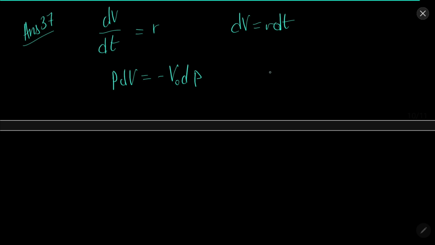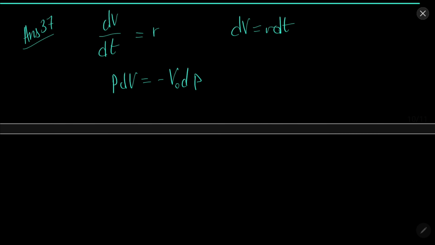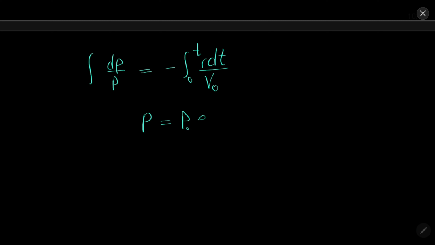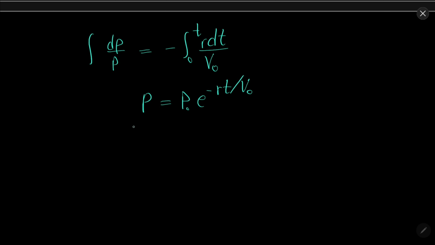After simplification we will obtain dP over P equal to minus R dt over V naught. P will be P naught e to the power minus RT by V naught.